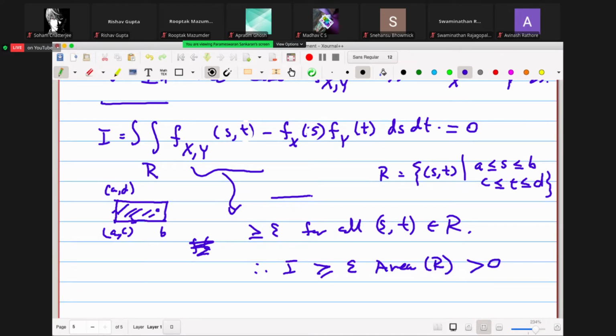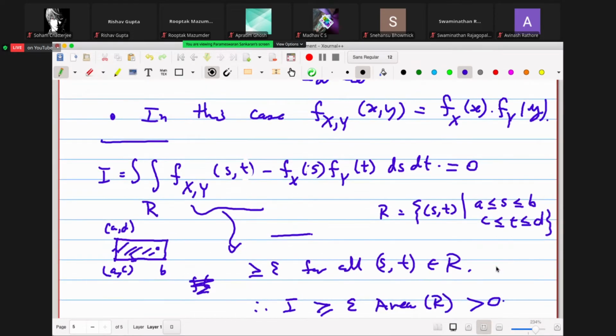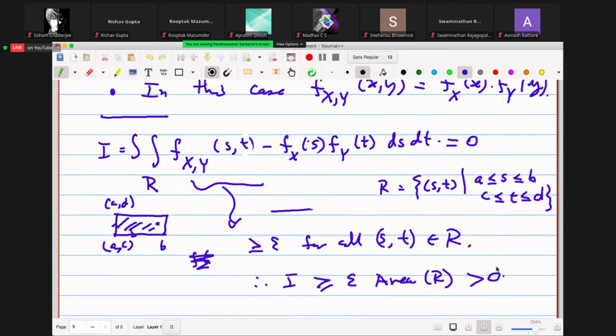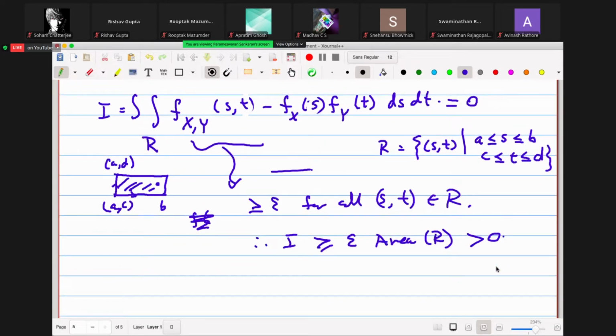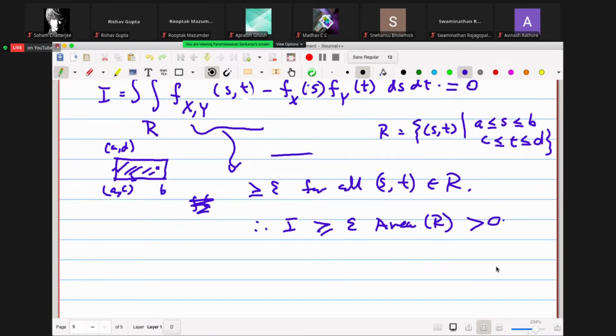But this is positive. On the other hand, you know that this is 0 always, irrespective of s and t, irrespective of the values a, b, c, d. That is why this is not possible.